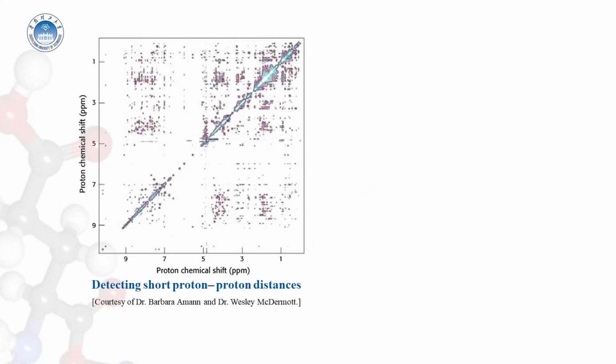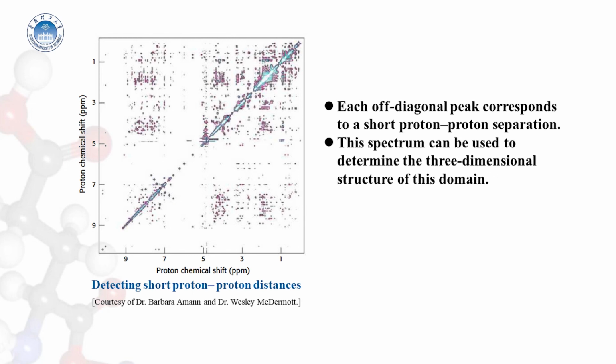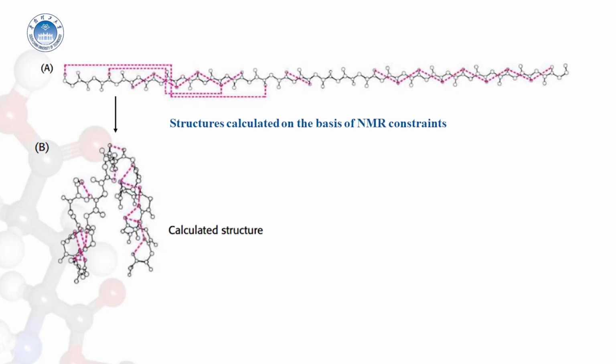Here is a two-dimensional NOESY spectrum for a protein comprising 55 amino acids, and the large number of off-diagonal peaks reveals short proton-proton distances. The three-dimensional structure of a protein can be reconstructed with the use of such proximity relations shown in the NOESY spectrum.